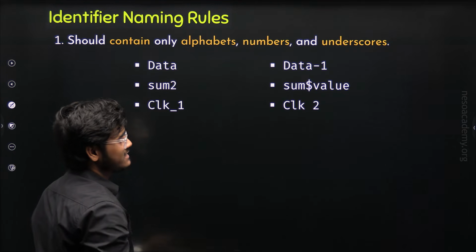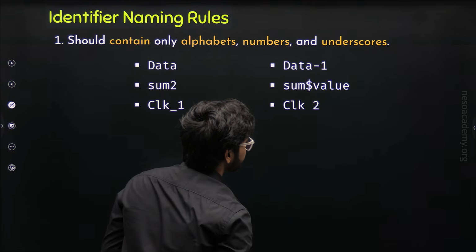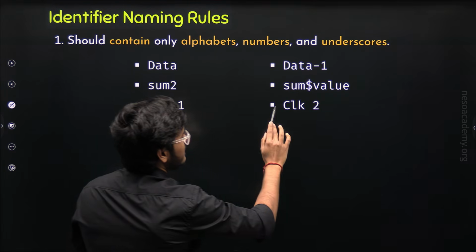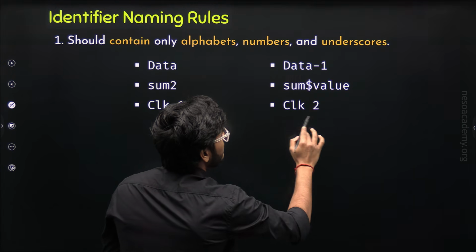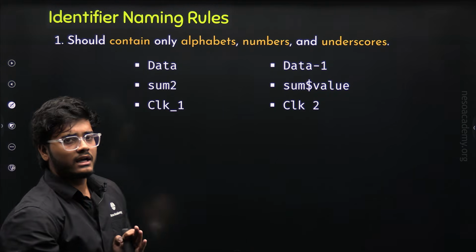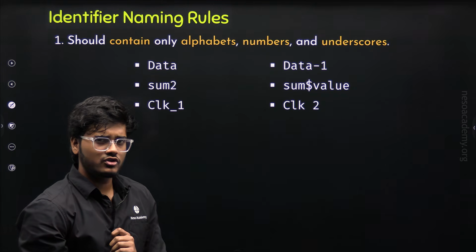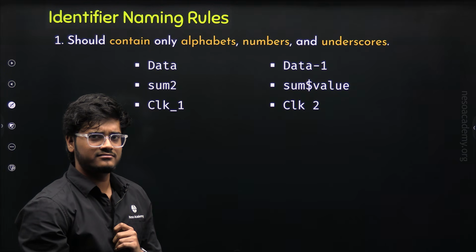Let's see the last example, clock 2, with a space. It contains letters and a number. Now, as per the first rule, it contains alphabets and a number. So, is it valid?